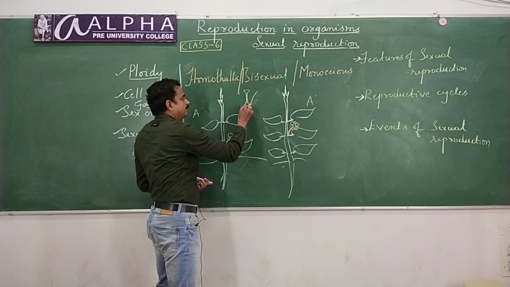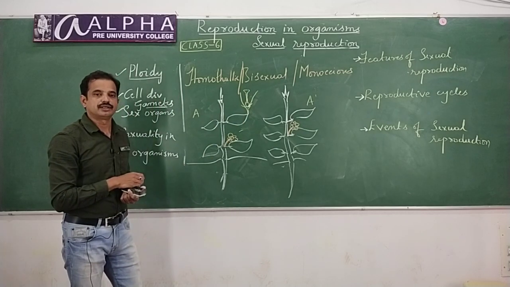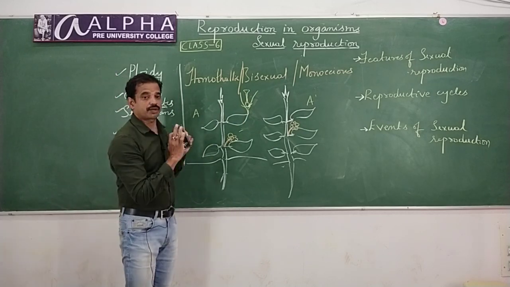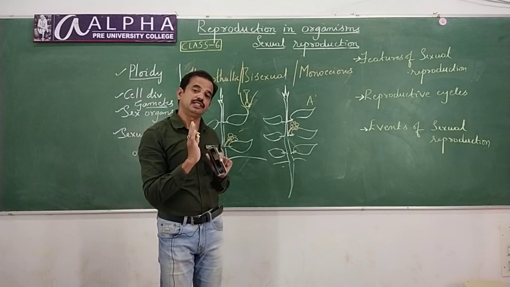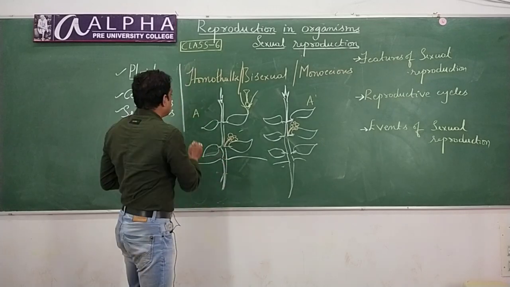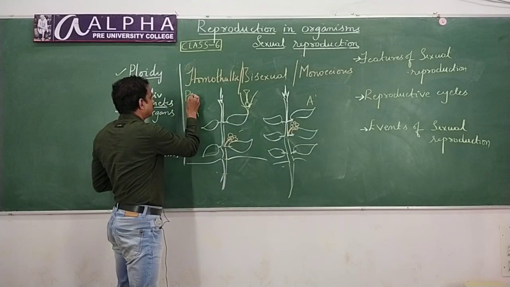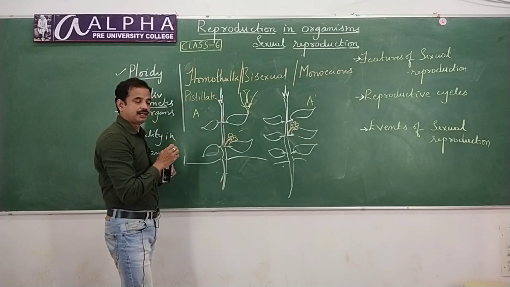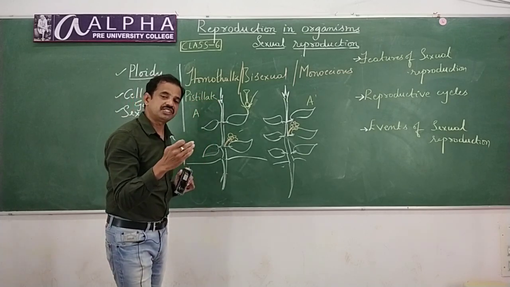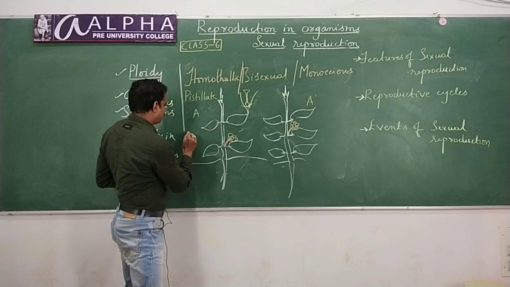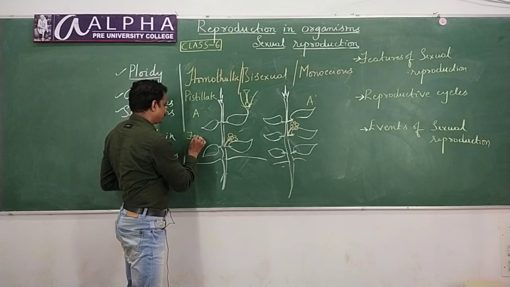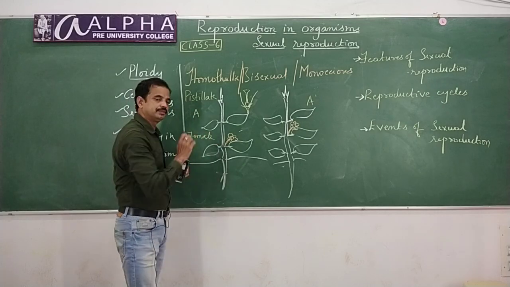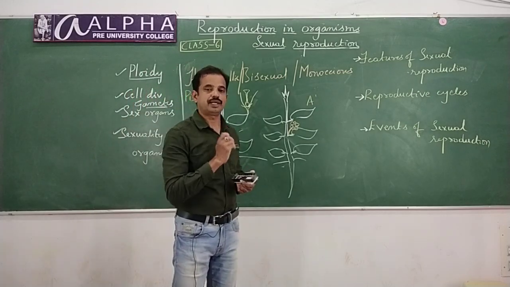Only the female reproductive structure is present in the flower, and the flower is pistillate, and the plant which is bearing this pistillate flower is a female plant. It's female, right? It's a female plant.